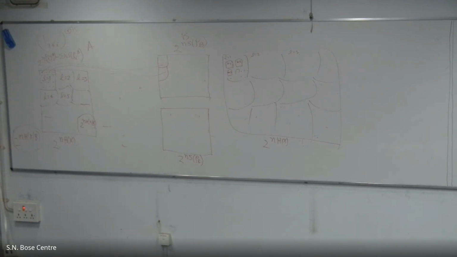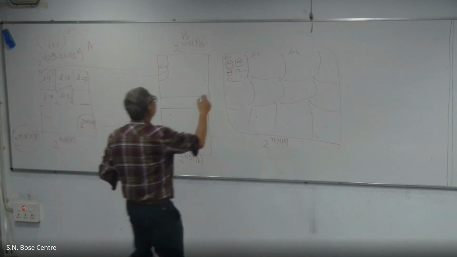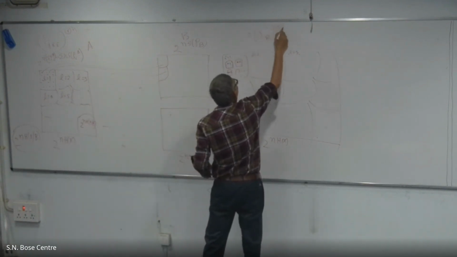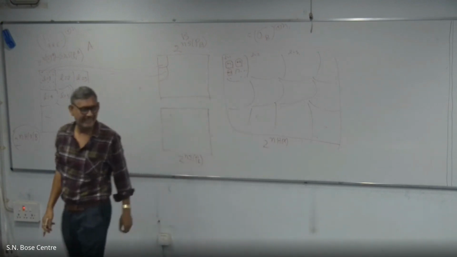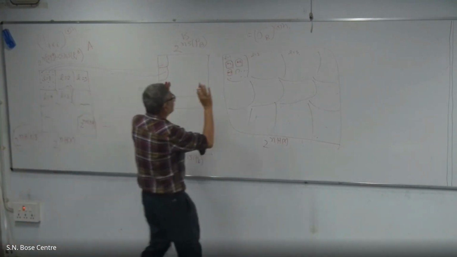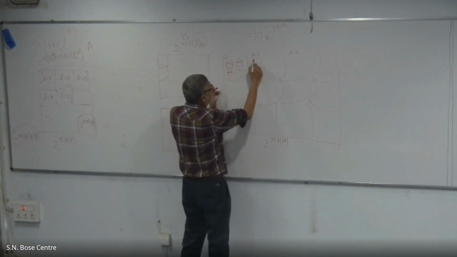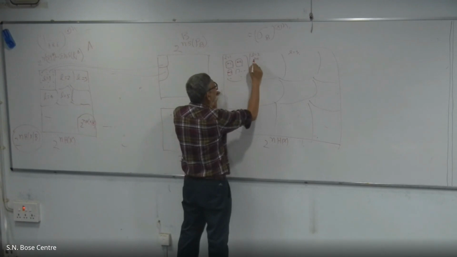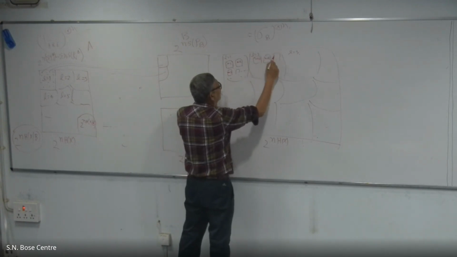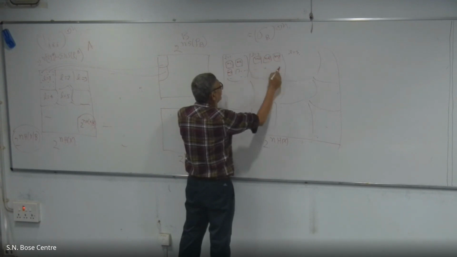It will be equal to the box. No, this is the covering theorem. So for every L, for this set also there will be m is equal to 1, m is equal to 2, m is equal to 3.